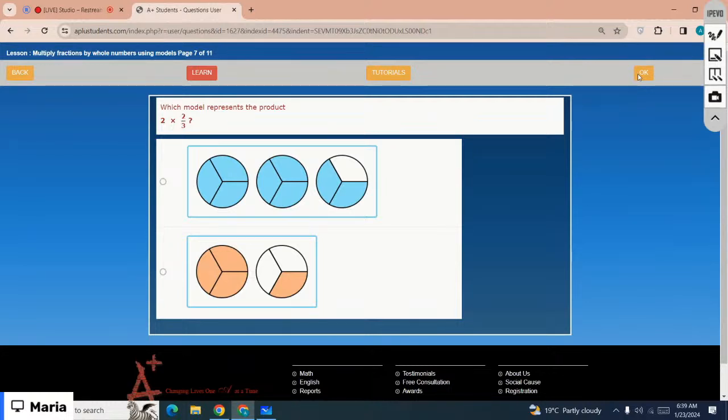Which model represents the product? So which is the correct option? Option number 2 is the correct option, right?